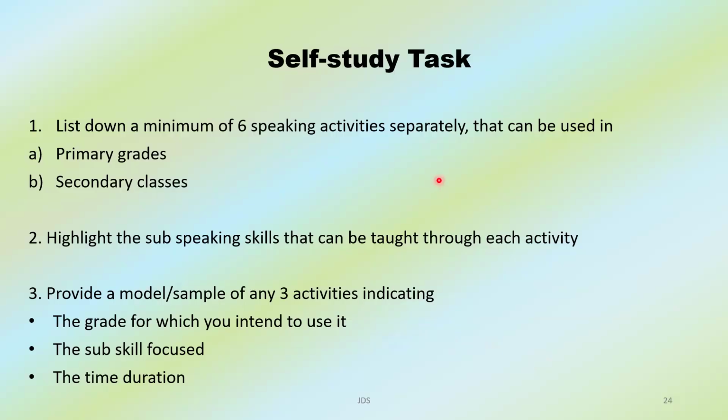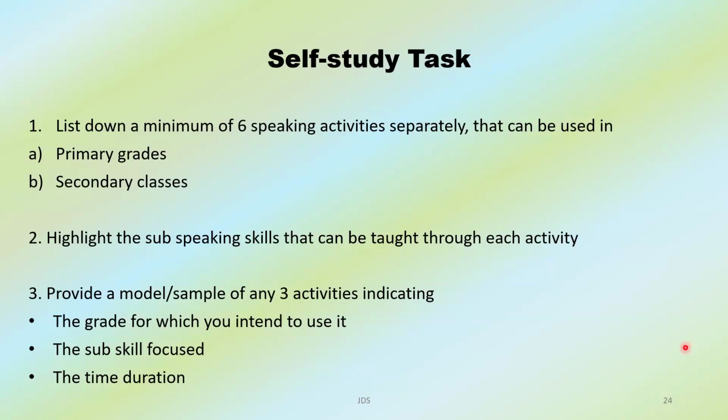Does it mean that we need to write the whole song or the story? Yeah, here provide a model or sample of any 3 activities. If you have chosen a story, let's say for grade 5, you have to say the fox and the grapes.